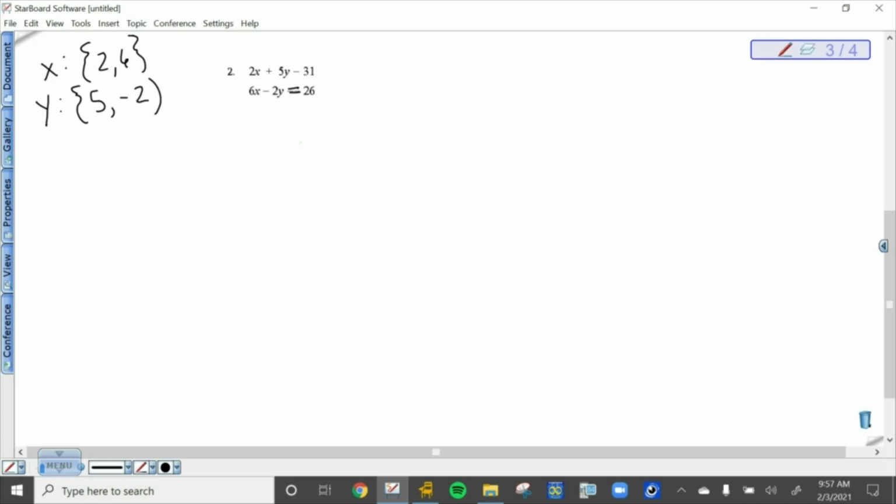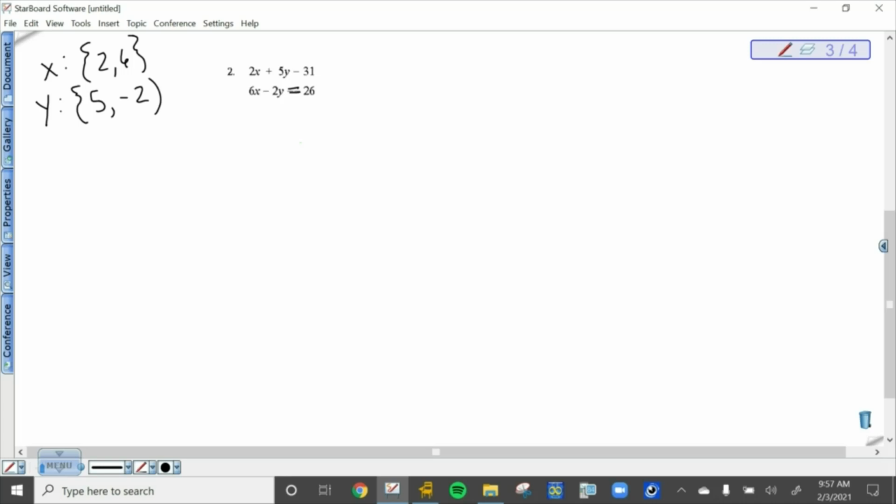So our first step here is we need to multiply one or both equations so that one of the coefficient sets are additive inverses.